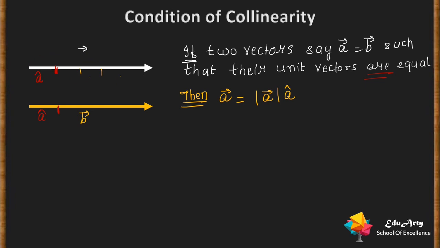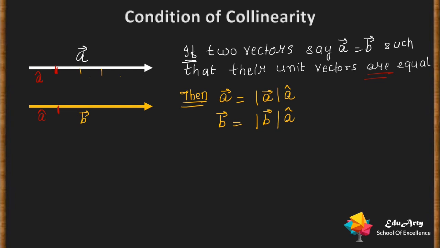So we can say that A vector is equal to magnitude of A vector into a cap. Similarly, because the unit vectors are the same, B vector is also equal to the magnitude of B vector into a cap.